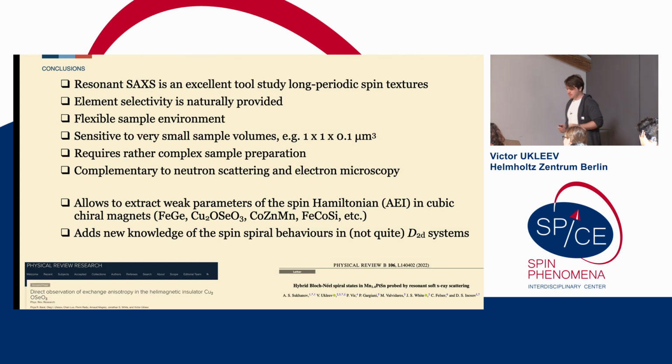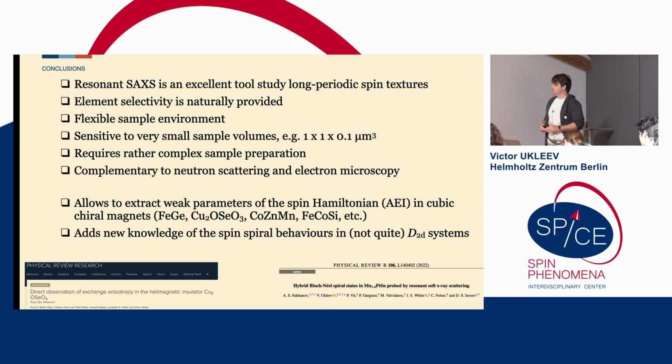Yeah, and just a few conclusions: I hope I convinced you that resonant small angle scattering is a very powerful tool for this kind of study of non-centrosymmetric materials and long periodic magnetic structures. We naturally have element selectivity and quite a flexible sample environment, and as long as you can work under high vacuum conditions, we can study very small samples. So we don't need large single crystals like neutron people do.